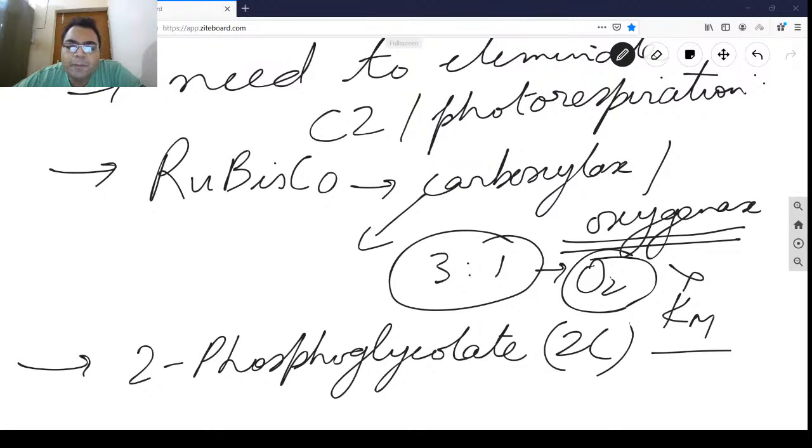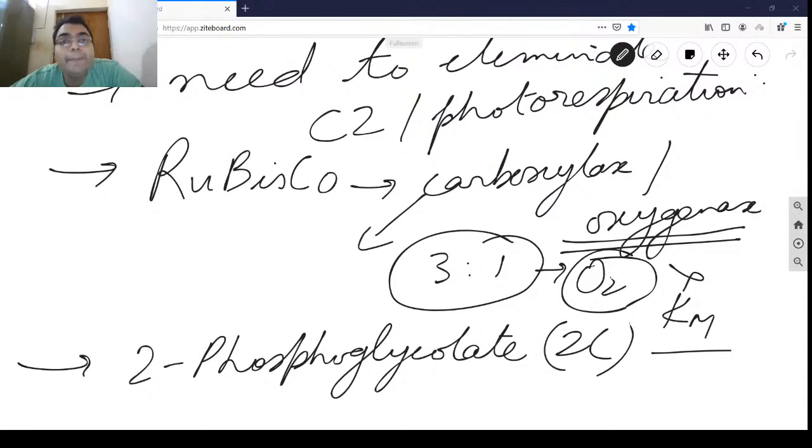So we know already that, as I told you once, the preceding step has been modified. How has it been modified? Plants that use this process, which have modified the preceding steps of the formation of 3-phosphoglycerate, are referred to as C4 plants, and the assimilation process is known as C4 metabolism or the C4 pathway.